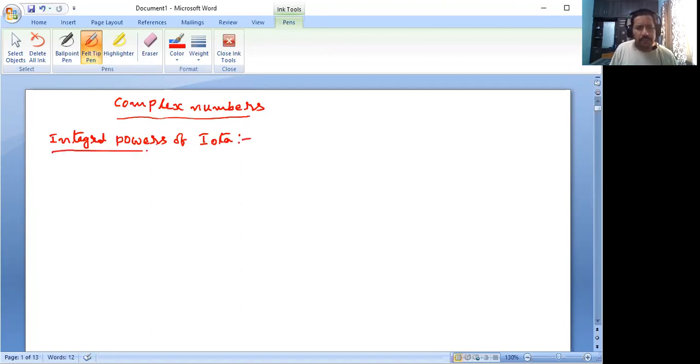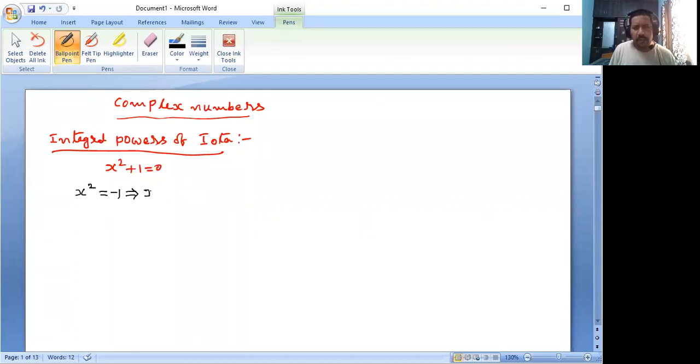Now take one equation. I'm taking x square plus 1 is equal to 0. What is x square? x square is equal to minus 1.